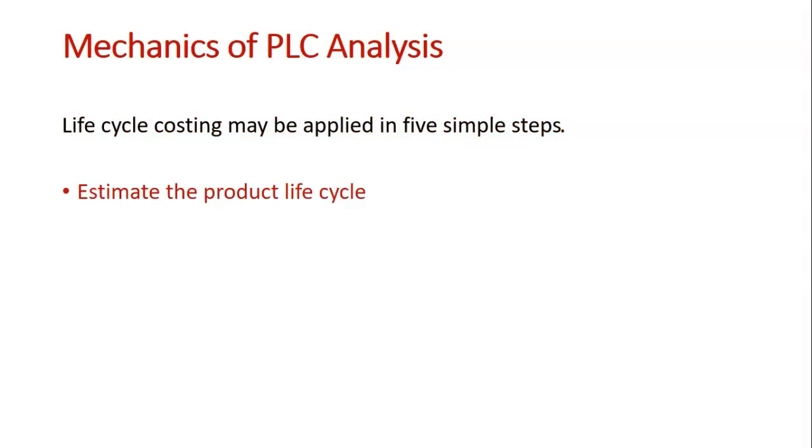Now, whatever is the product, we have to estimate whether its life cycle is 4 years, 5 years, 10 years. Now remember, life cycle starts when the product is in the development stage and ends when the product is in the decline stage.